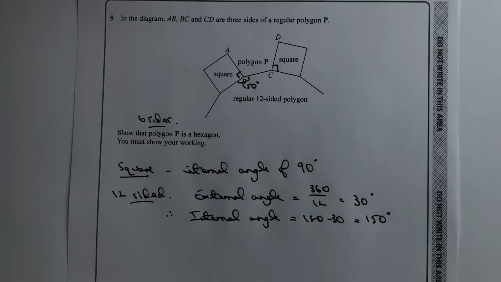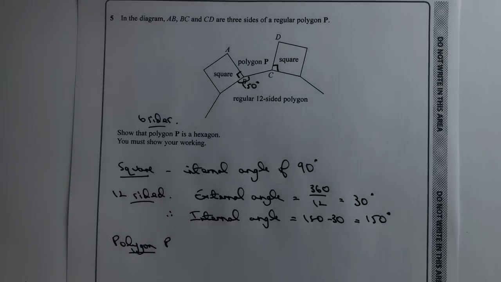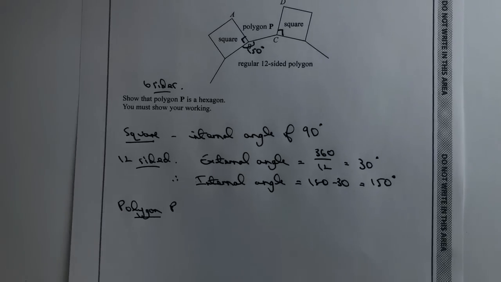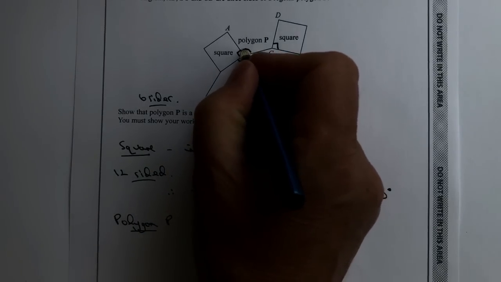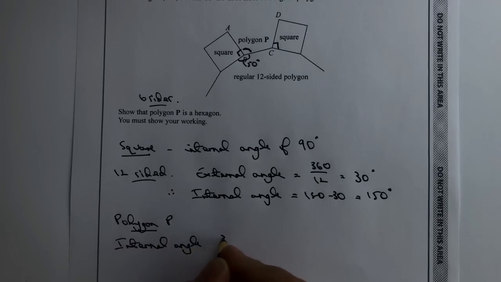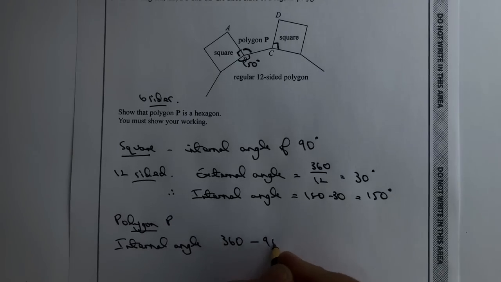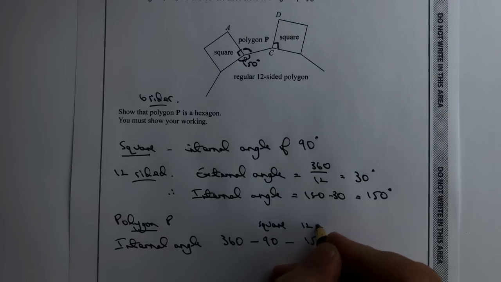Okay, well that leaves me then with polygon P. So let's just have a look at polygon P, and what information have we got about polygon P? Well, what we can say is that we've got an internal angle, which is going to be this piece in here, and the internal angle is going to be made up of 360 degrees minus 90 degrees for the square and minus 150 degrees for the 12-sided polygon.